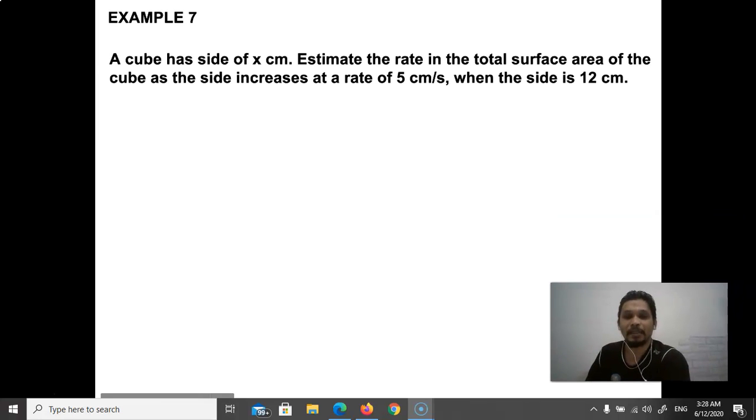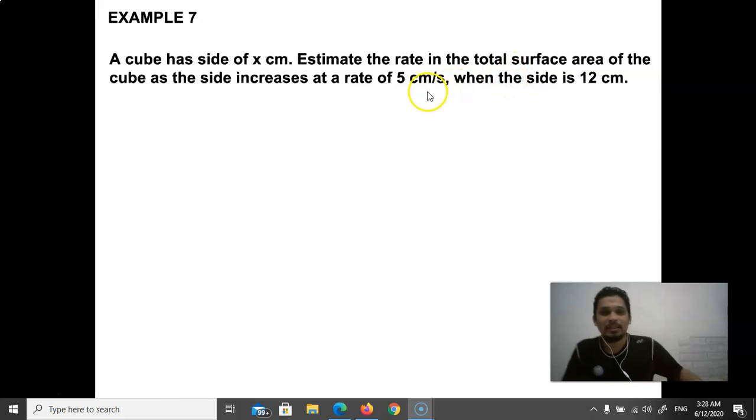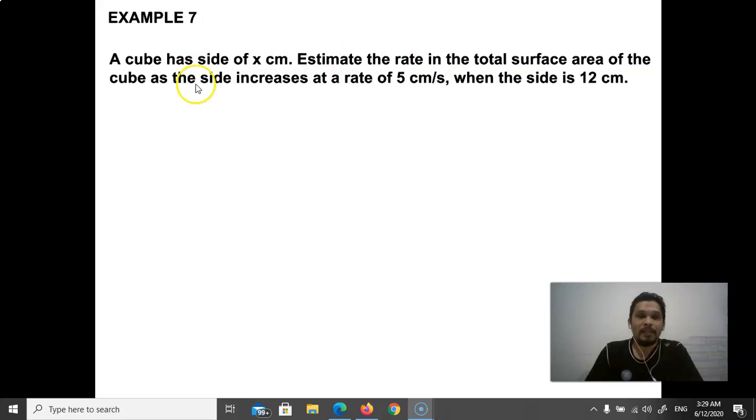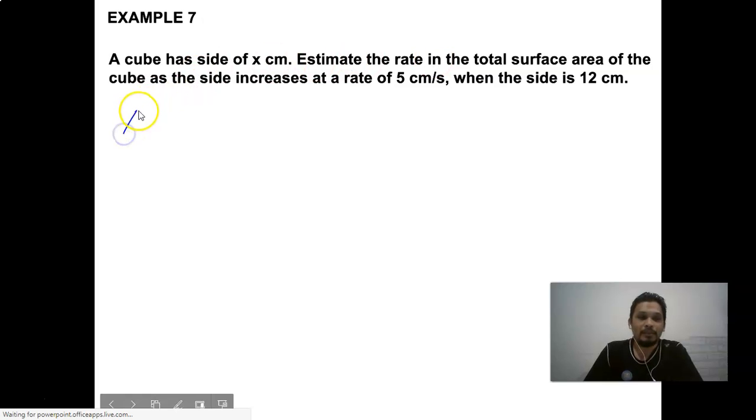Okay, a cube has a side of x cm. Estimate the rate of change of the total surface area of the cube as its side increases at a rate of 5 cm per second when the side is 12. Okay, a cube, a 3 dimensional picture of a box here.